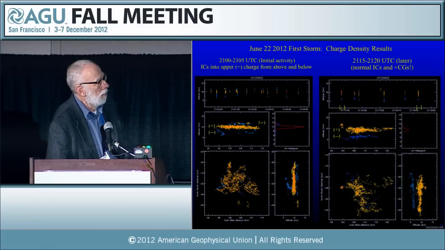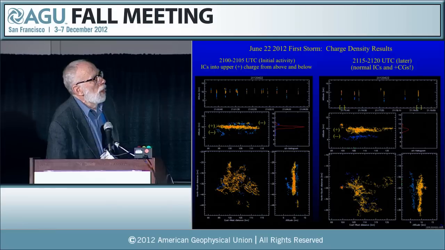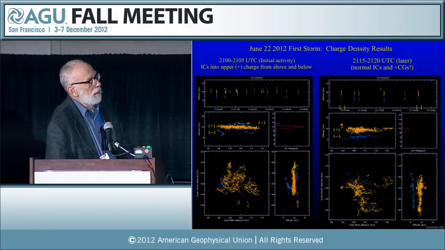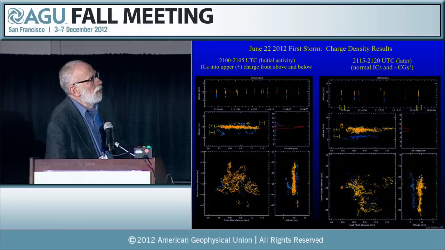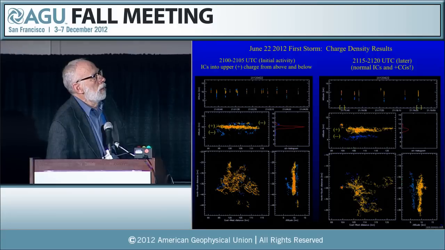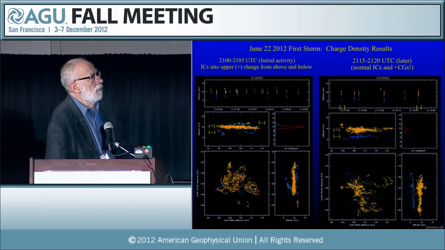And then this shows the charge structure in that system. This now is not the same as the previous storm. It's got a three-charge structure, but it's an inverted type structure.